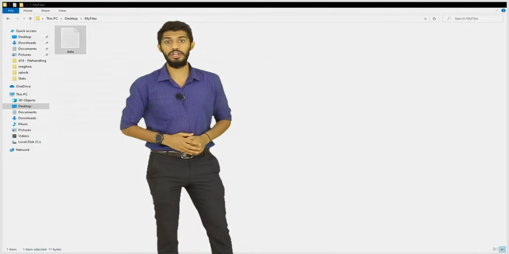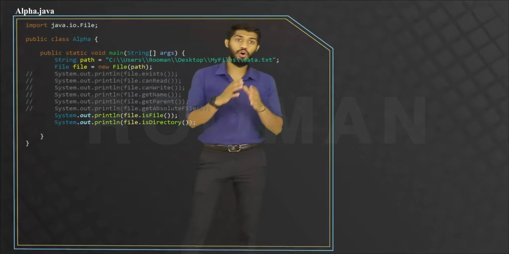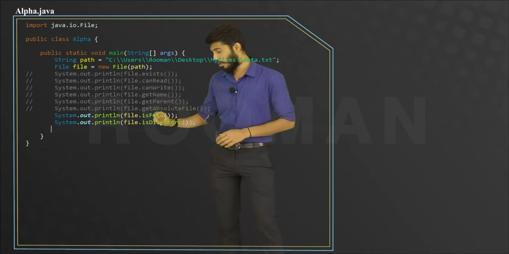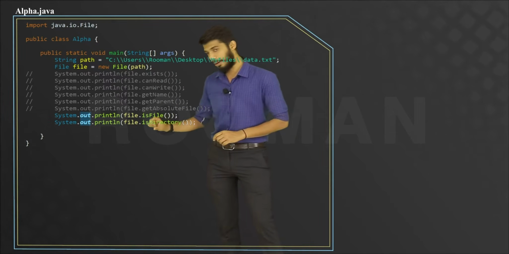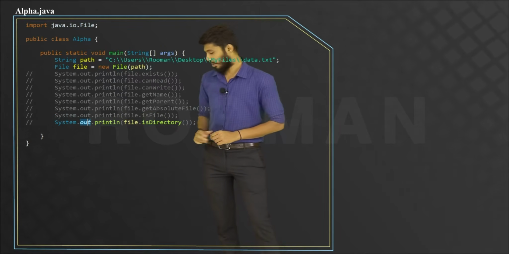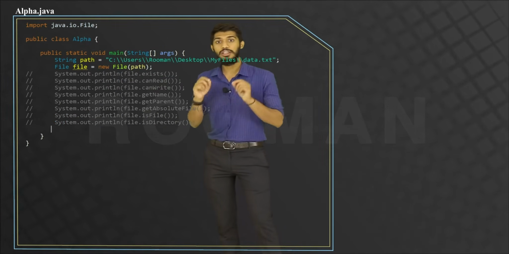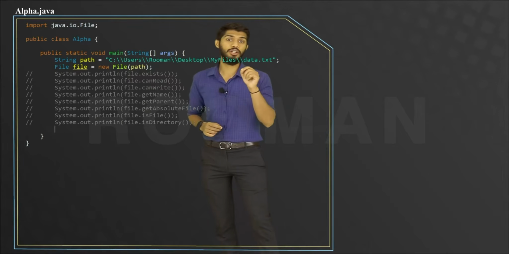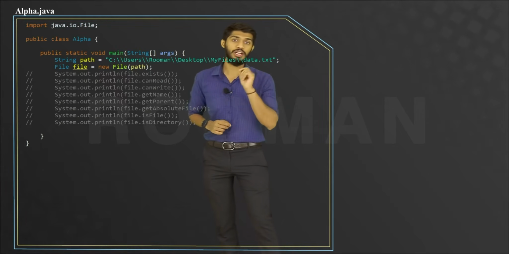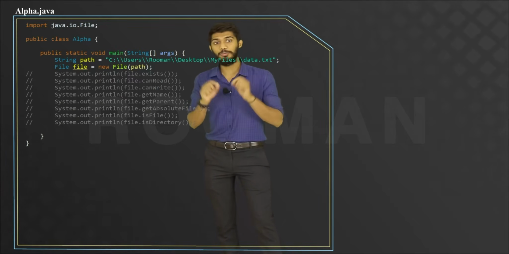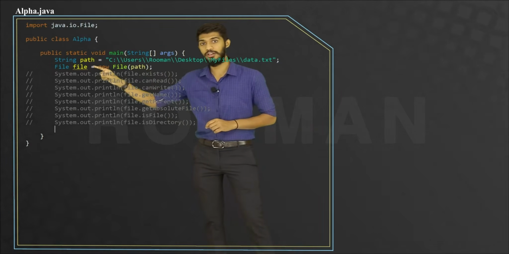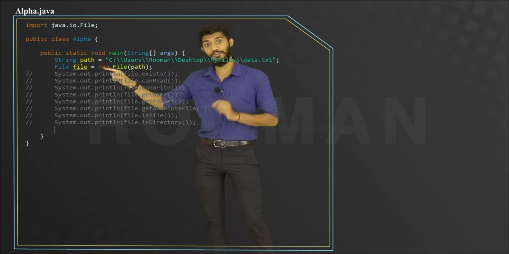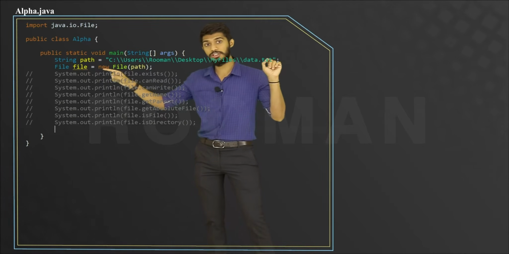So first I would like to take you to the code window. Over here, you see the two isFile and isDirectory lines that we had discussed earlier. I would like to comment these two lines first. So I have commented these two lines. Now I need to create a new file. First I need to have the path, and this file already has the complete path, so this file is referring to data.txt.